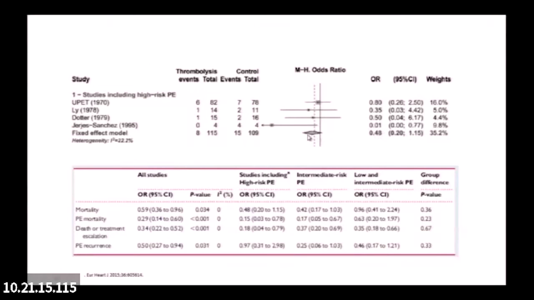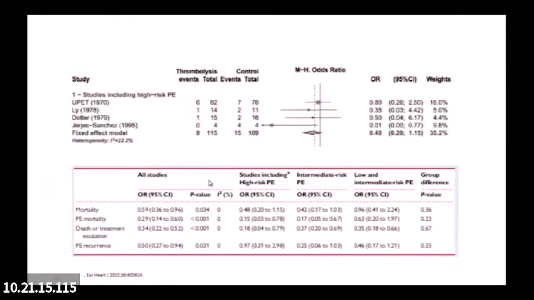There is a trend, but it's not truly statistically significant. The confidence interval included 1. Also, when they lumped those trials together, the result was really driven by this small study with 8 patients. So it's completely biased by this one trial.